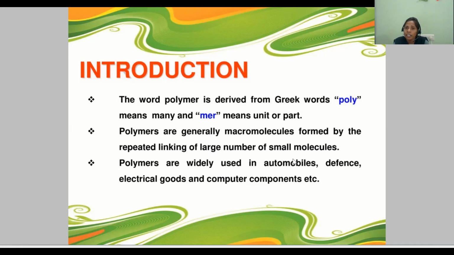That means when a large number of smaller molecules combine, we get a big molecule, the macromolecule. That macromolecule is called the polymer. And polymers are widely used in automobiles, defense, electrical goods, computer components, etc. These are the various applications of the polymer.